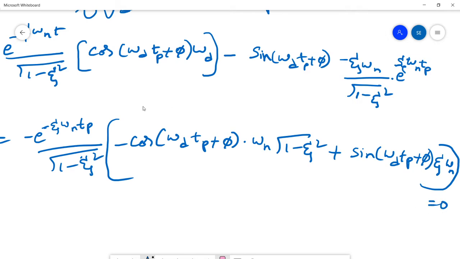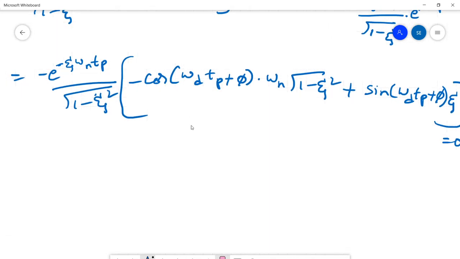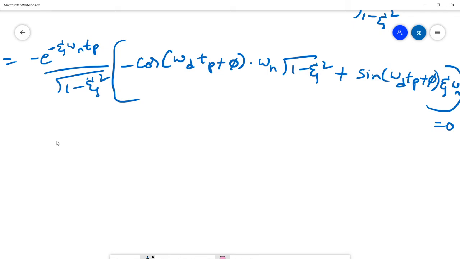Just compare this with the above expression. Omega d is the damping frequency, omega d is equal to omega n root of 1 minus zeta square. Now we'll keep omega n outside because we have omega n in both terms.